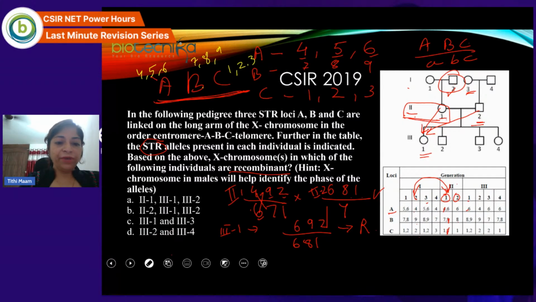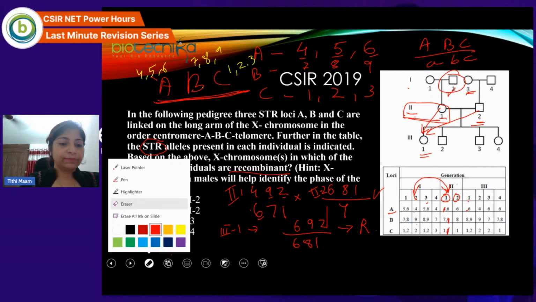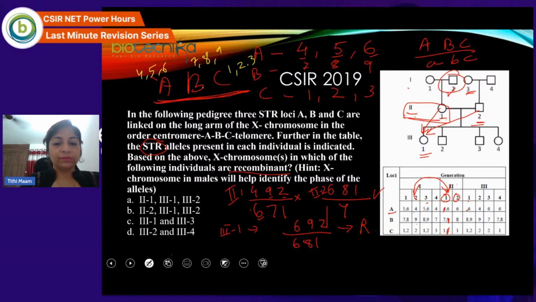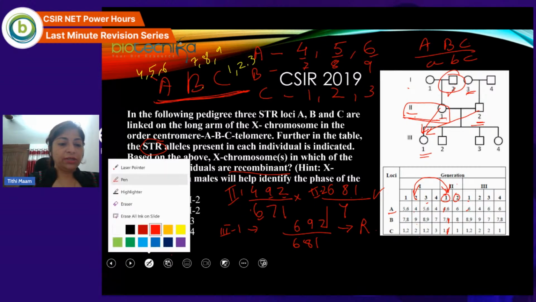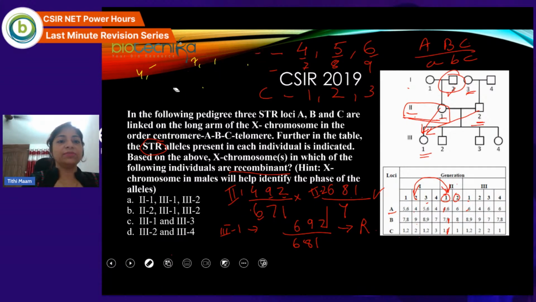So in the same way, when you check the other individuals as well, I'll just clear the board a bit so that it becomes easier for us to write.